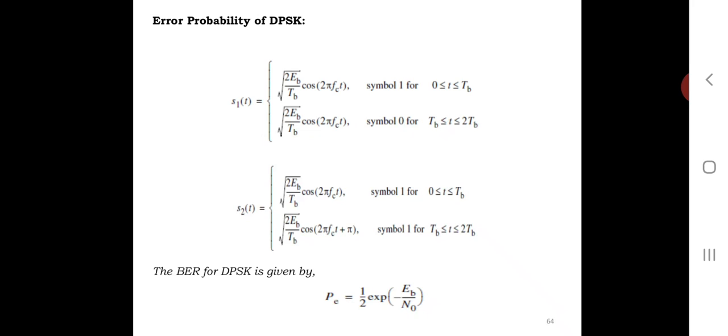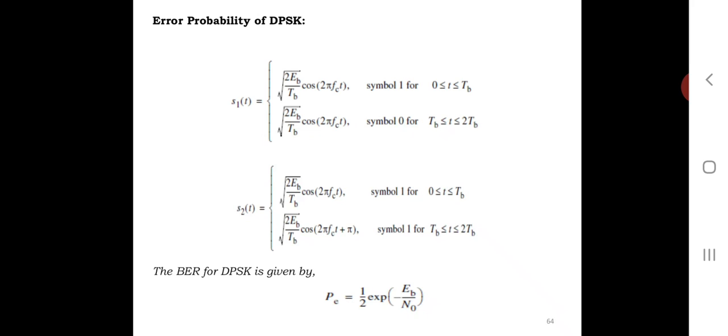Basically DPSK is also an example of non-coherent orthogonal modulation when its behavior is considered over successive 2-bit intervals, that is t greater than or equal to 0 and less than or equal to 2 times TB.